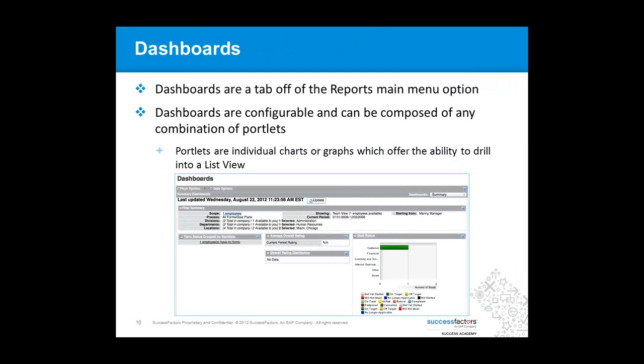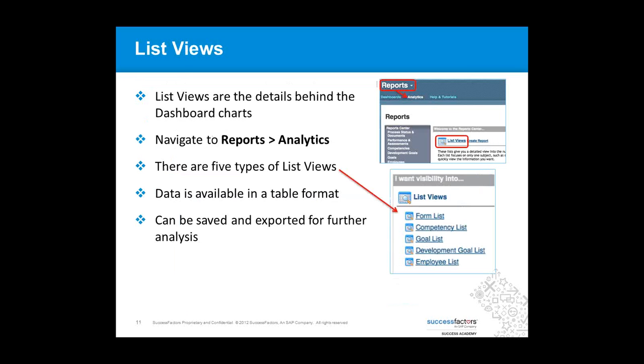Going to the dashboards, dashboards are a tab of reports, and they are configurable and can be composed of different combinations of portlets, which are individual charts or graphs that allow us to drill down into list view and view the data in detail. Coming to list view, it provides the data in list format, and it is the data behind the dashboard charts.